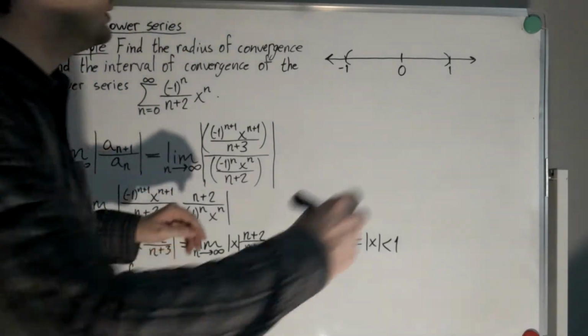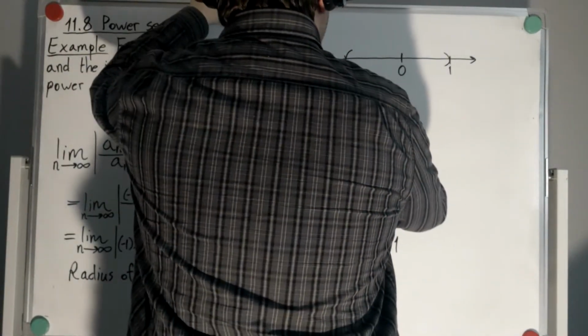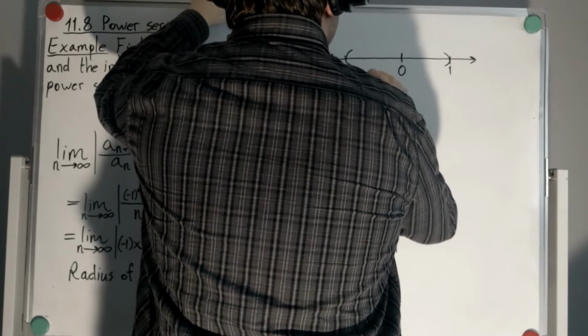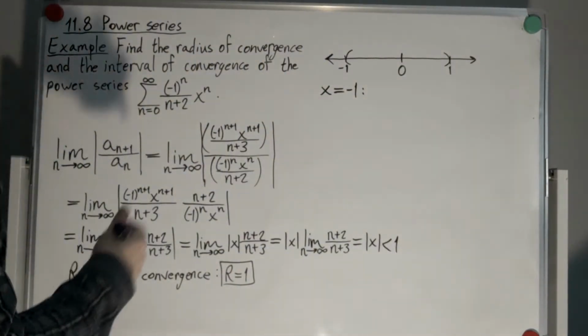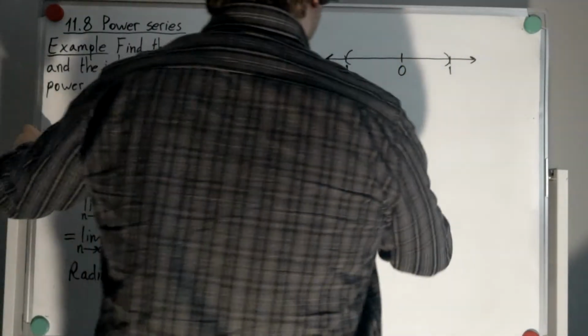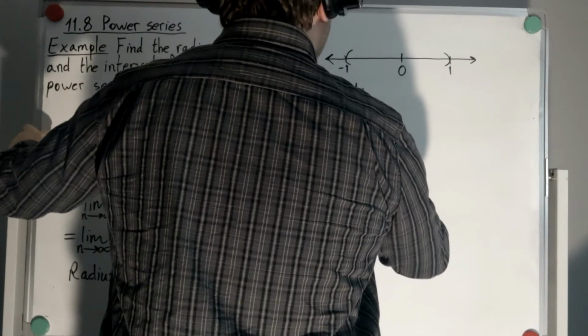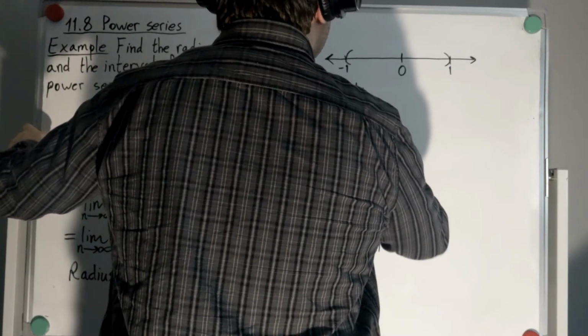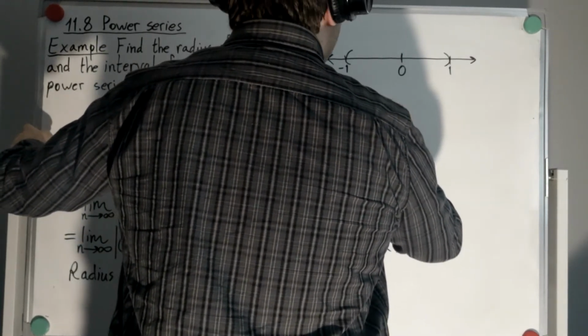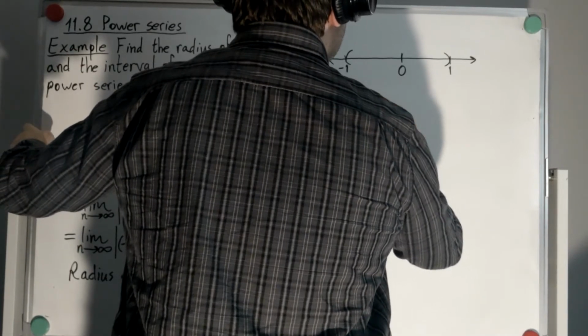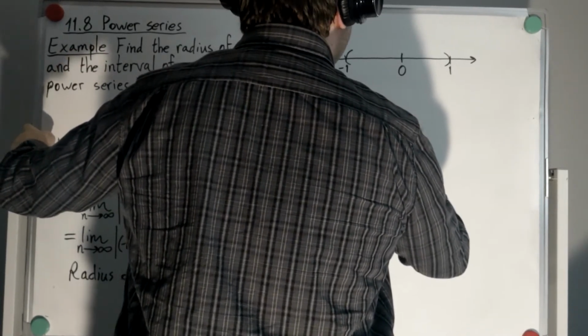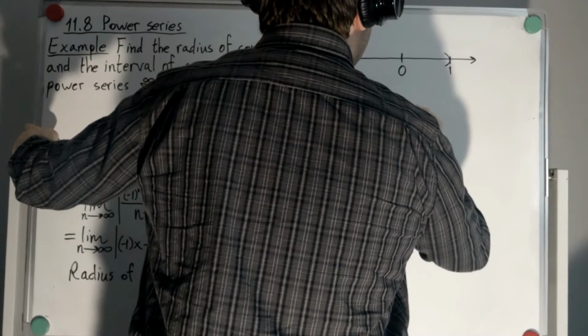So here's how it works. We're going to take x equals -1. When x equals -1, this power series looks like the sum from n equals 0 to infinity of -1 to the n divided by n plus 2 times -1 to the n.